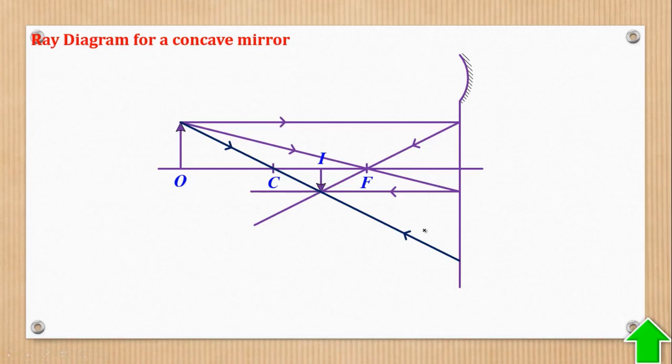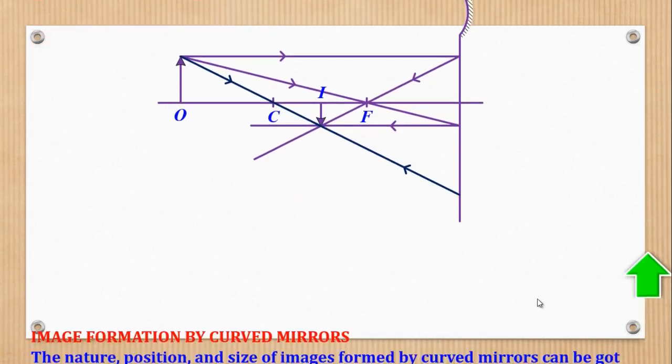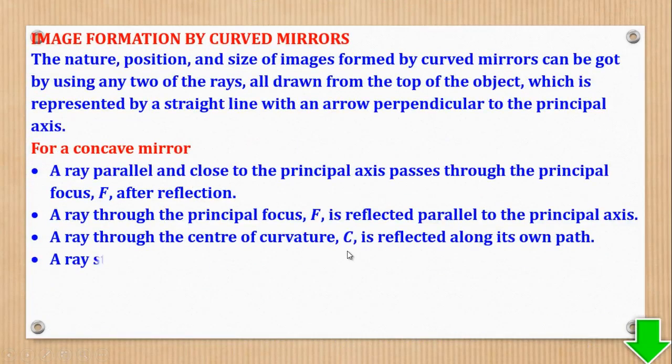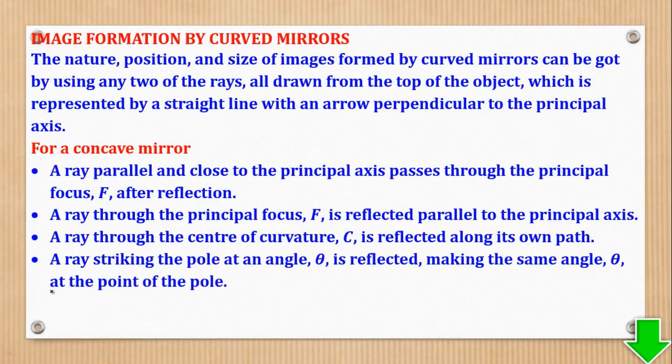Okay, let's look at also the last ray. The last ray says a ray striking the pole at an angle theta is reflected, making the same angle theta at the pole.